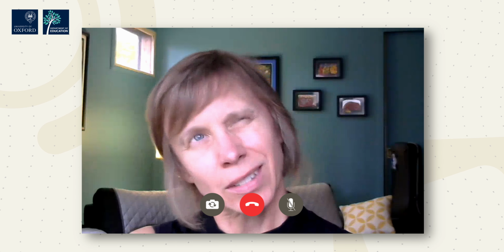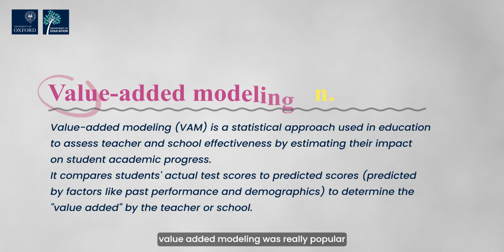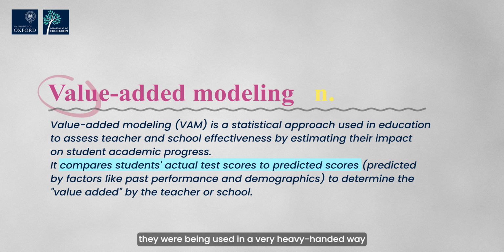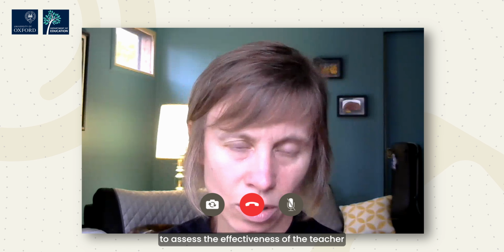In the US, we've sort of oscillated. Value-added modeling was really popular in the late 2000s into the 2010s. They were being used in a very heavy-handed way to assess the effectiveness of a teacher.